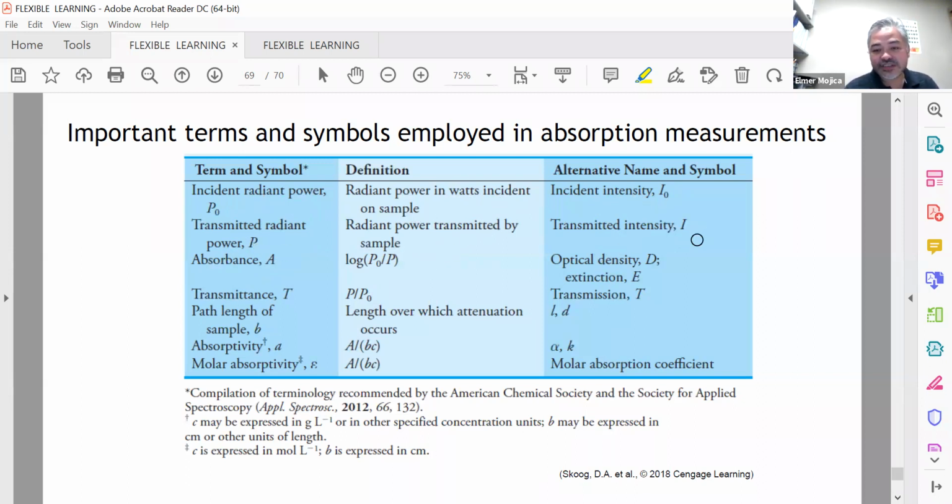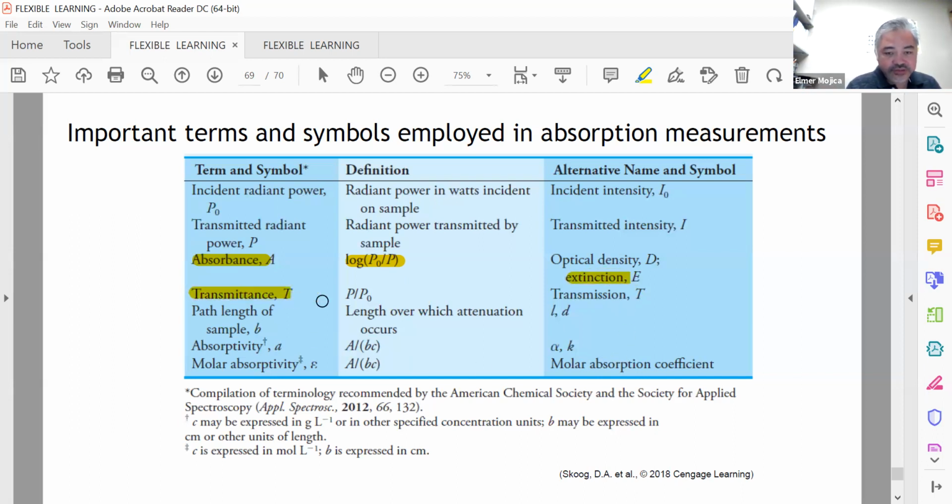That's the transmitted intensity. Then you have absorbance, which is equal to the log of incident radiant power over transmitted radiant power. Alternatively, in most biology, it is used as optical density. In some, it is used as extinction.